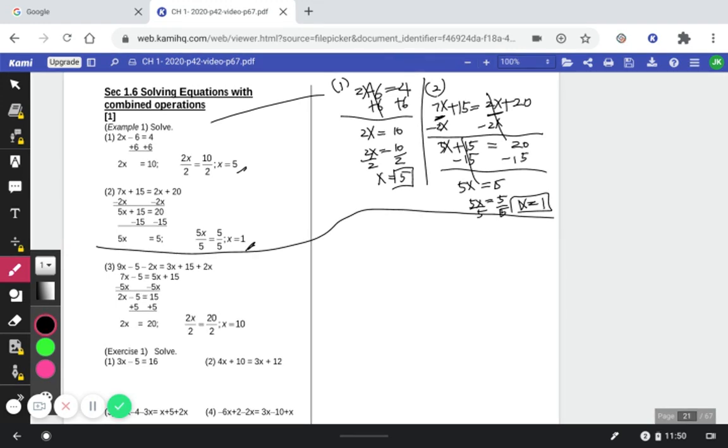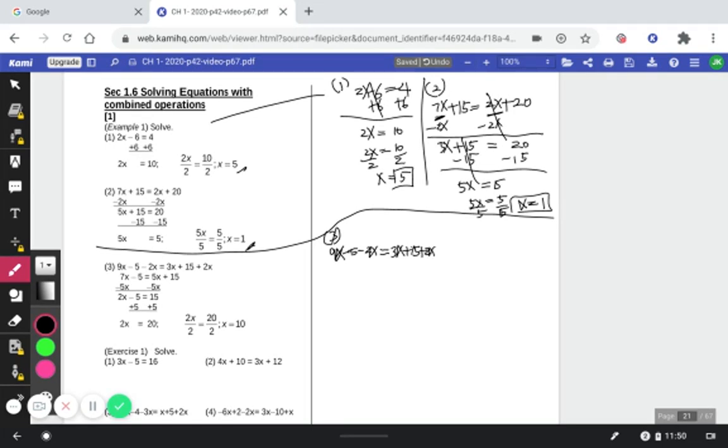Number 3, this is another type. You have 9x minus 5 minus 2x. And on the other side of the equal sign, you have another bunch of x's, which is 3x plus 15 plus 2x.